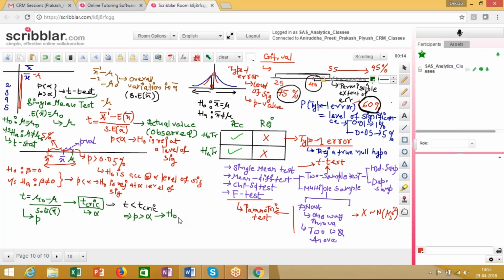Hence, it would be better for me to choose the null hypothesis. So, I would not take the risk of rejecting the null. Instead, I'll accept the null.